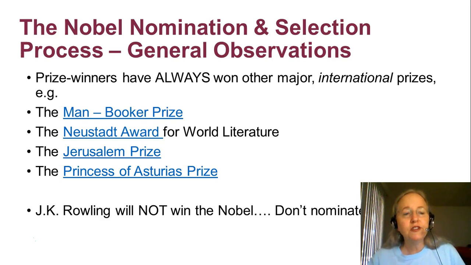Another significant predictor is the Neustadt Award for World Literature. That one's based at the University of Oklahoma, which is where the journal World Literature is published. And the Neustadt Award has often gone to someone who goes on to win the Nobel. Some of the recent winners of the Neustadt are Margaret Atwood, the Canadian writer.